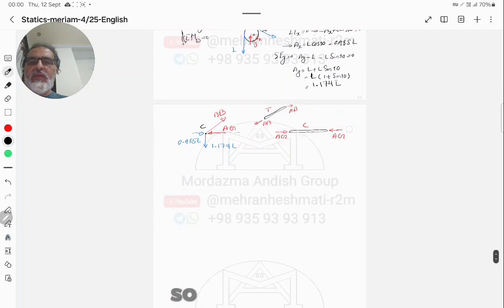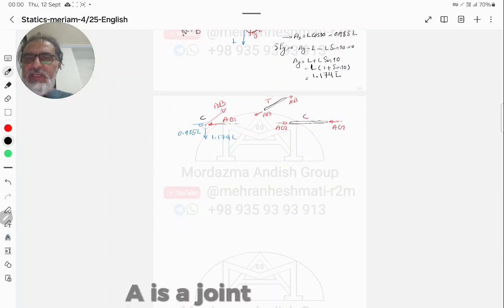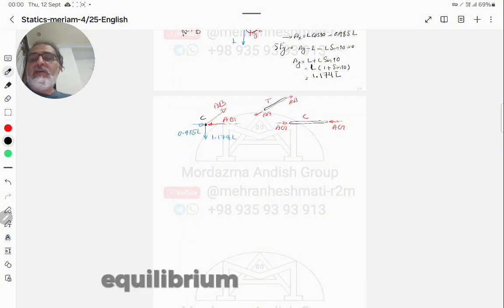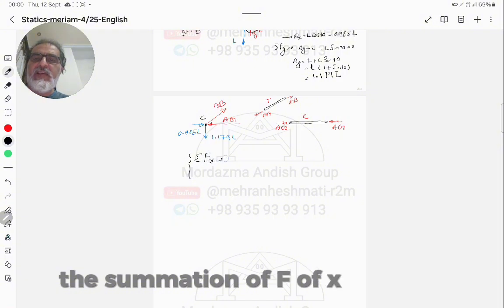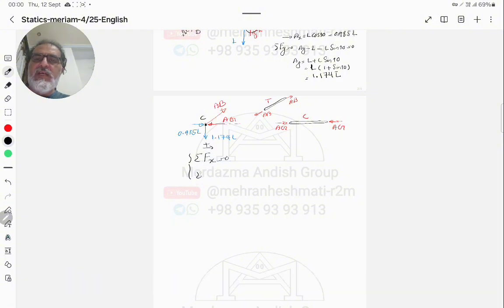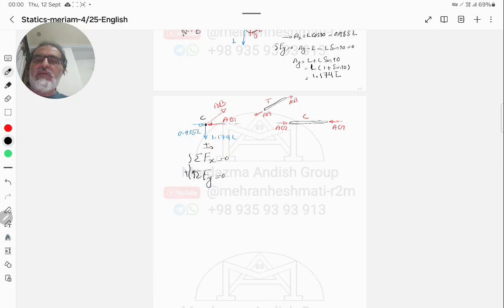So here we go. C is a joint, and this is equilibrium of particle or concurrent forces. We have only two equilibrium equations. The summation of F of x is equal to 0, and the summation of F of y is equal to 0.